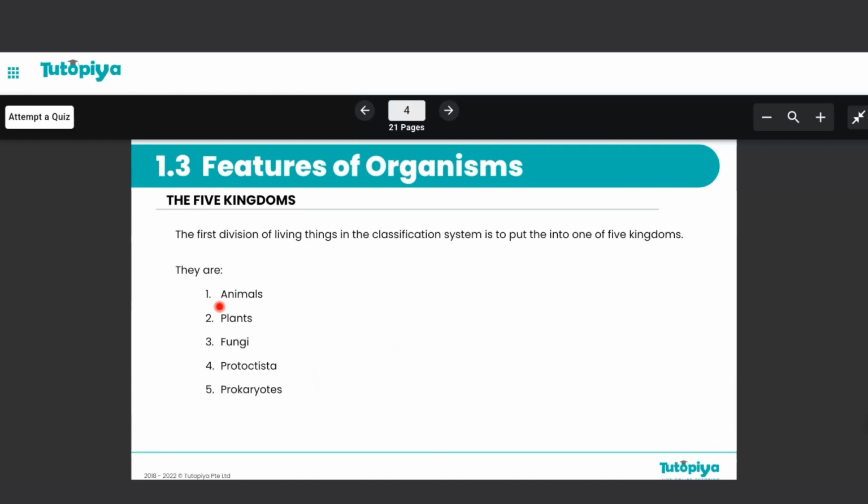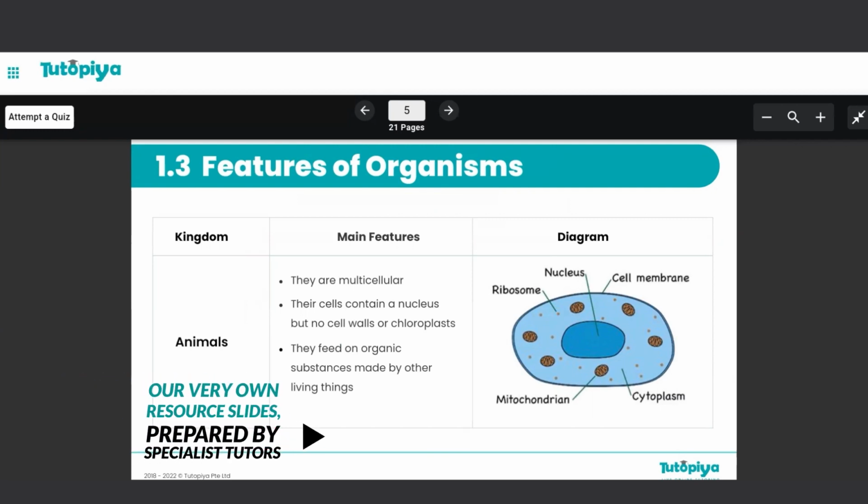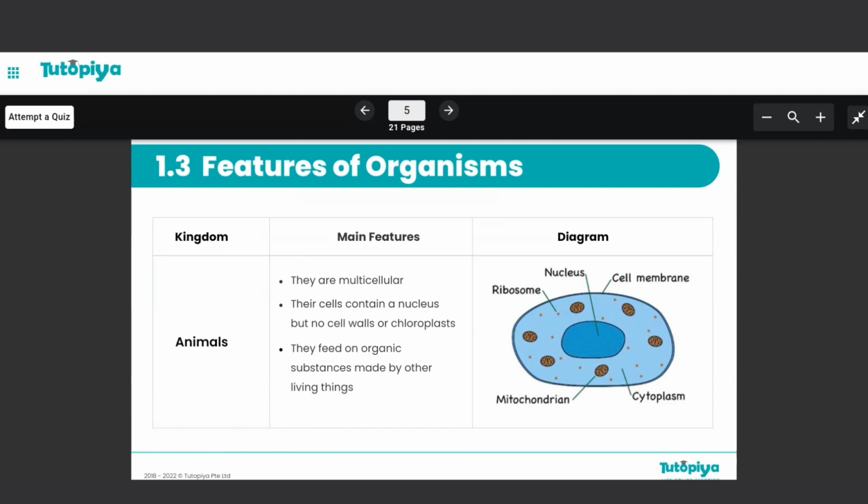All right. When we talk about the animal kingdom, this is a kingdom that we are very familiar with, right? We know examples of many, many animals, and animals are usually easy to recognize because they are actively moving around and so on. Let's first take a look at the main features of the animal kingdom.